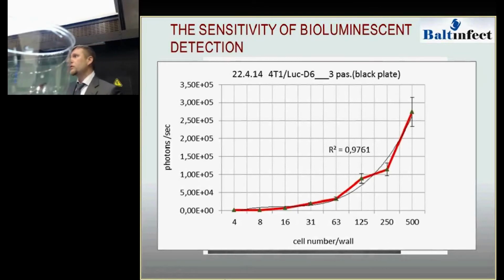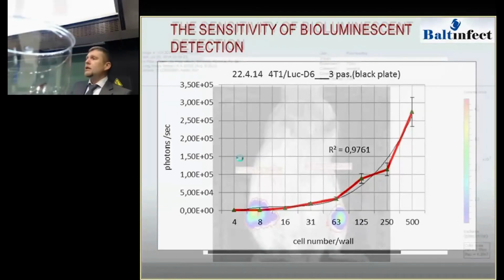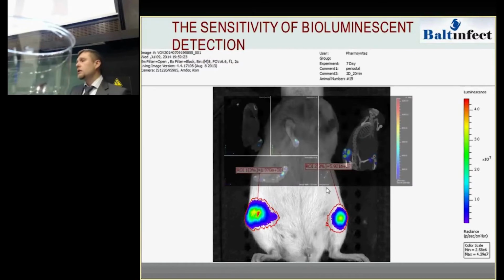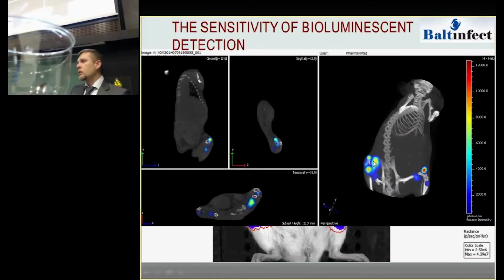In vivo it's much more difficult. So we tried to calculate it. It's no problem to detect more than 1000 cells, even in deep metastasis, for example, metastasis in the thorax, in lungs. And let me show you. Here is a metastasis in knees, bilateral.